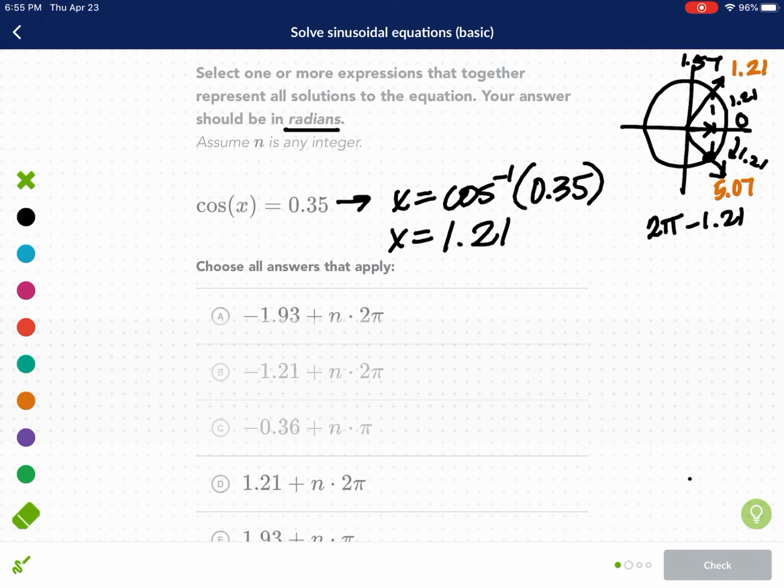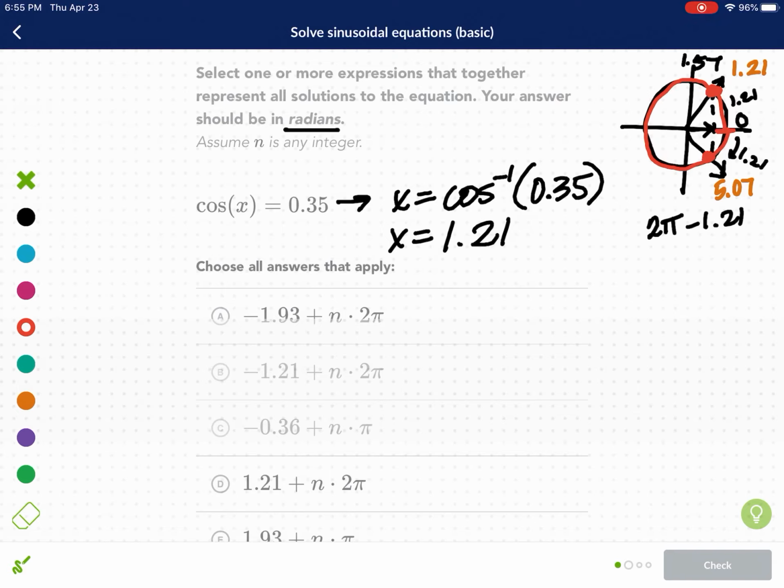So those are the first solutions, meaning the first rotation of the wheel. So as we rotate around the wheel the very first time, bam, we hit this point, keep going, keep going, we hit this point. Okay, that's one rotation.